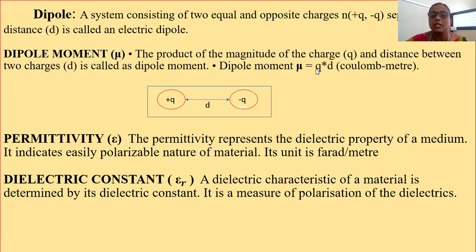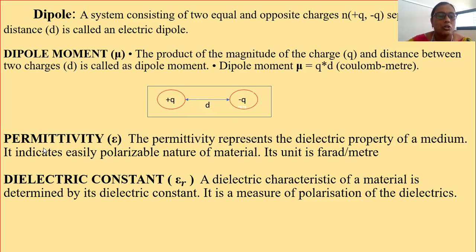The unit is coulomb meter, because the unit of charge is coulomb and the distance is measured in meter. This is a diagram related to the dipole moment. This is a dipole. This is plus q, this is minus q, and these two charges are separated by a small distance d.